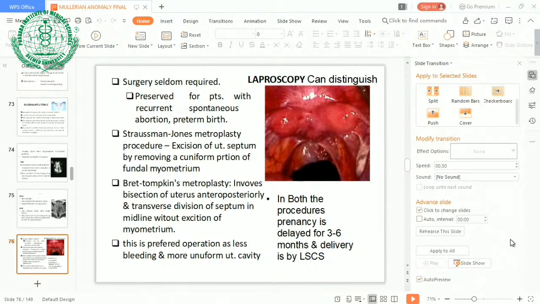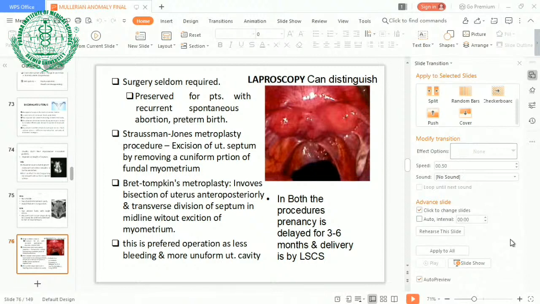Surgery is seldom required, reserved for patients with recurrent abortion, preterm labor. In Strassman-Jones metroplasty, the uterine septum is excised, a cuneiform portion of the fundal myometrium is removed, and then the myometrium is stitched. In Bret-Palmer metroplasty, it involves bisection of the uterus.